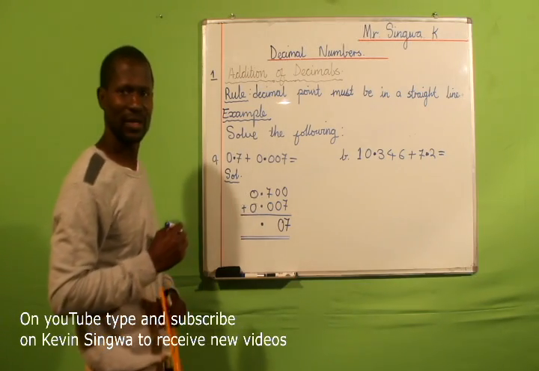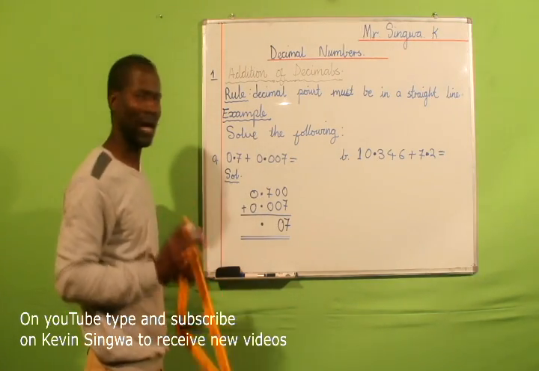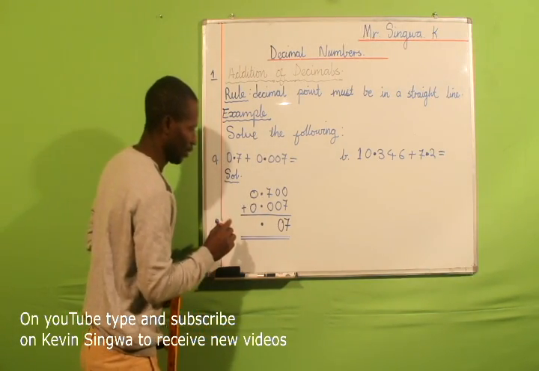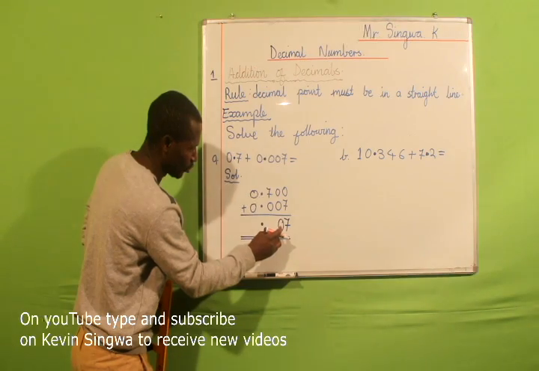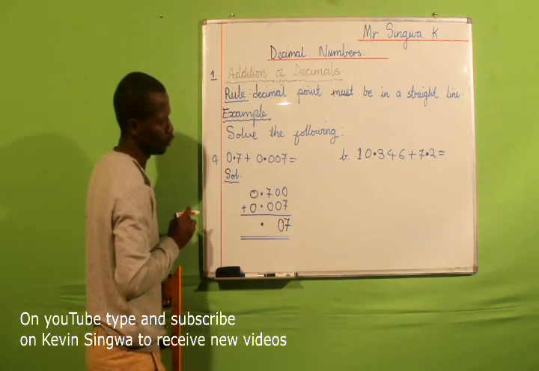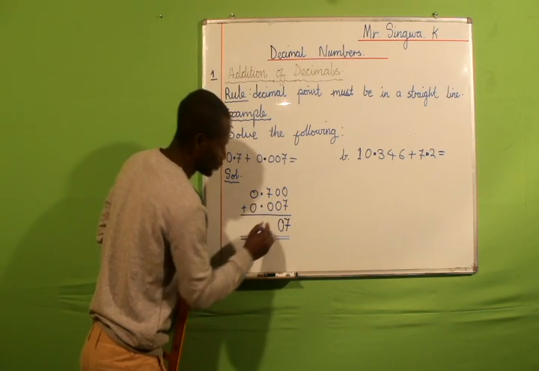Clever boy. Clever girl. Yes, when you do like this, then you are a clever girl or clever boy. Here, after calculating the 0 here, you also come to this part. 7 plus 0 is going to be 7.